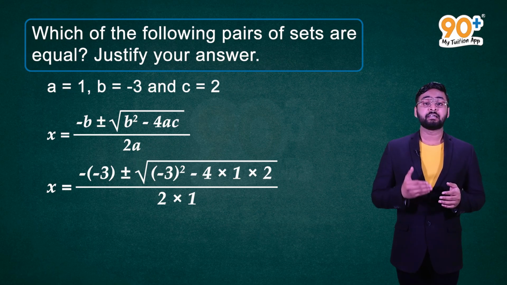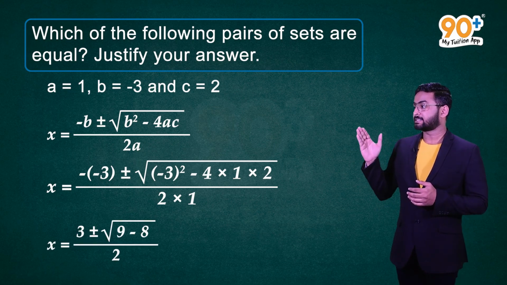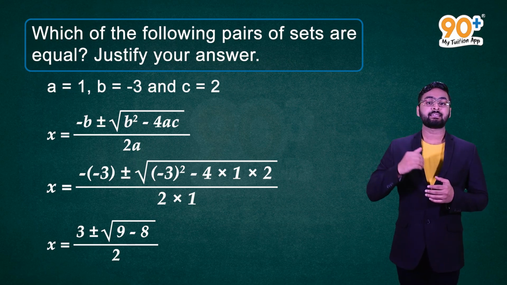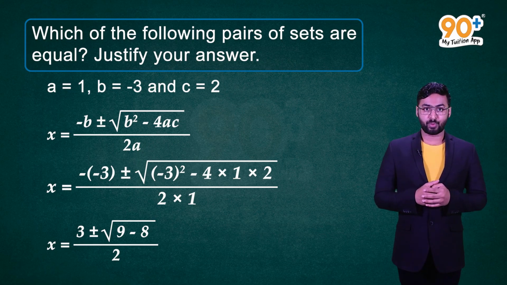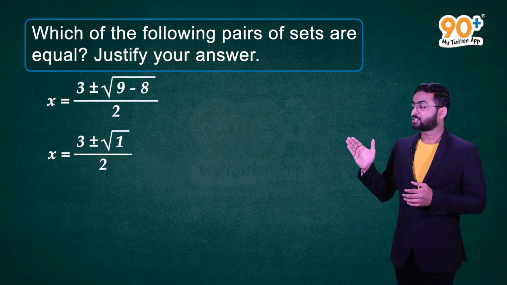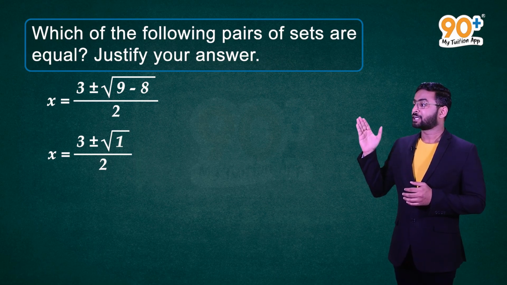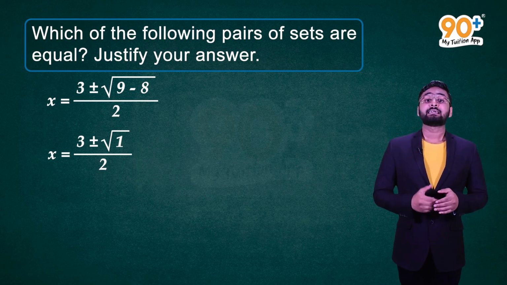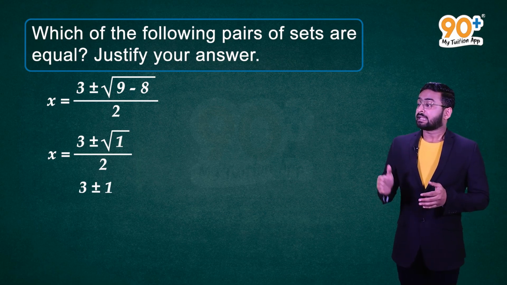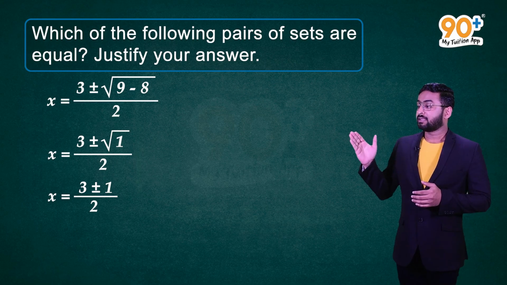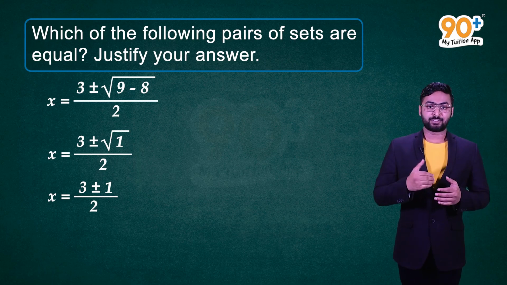On simplifying, we get x is equal to 3 plus or minus root of 9 minus 8 by 2. Here 9 minus 8 is equal to 1. Then our equation becomes x is equal to 3 plus or minus root 1 by 2. The value of root 1 is 1. Then we get x is equal to 3 plus or minus 1 by 2.